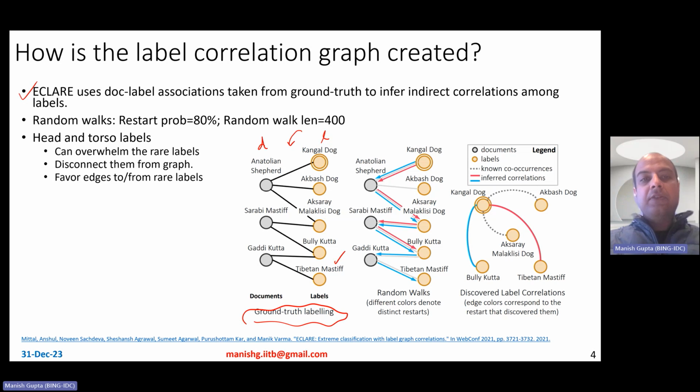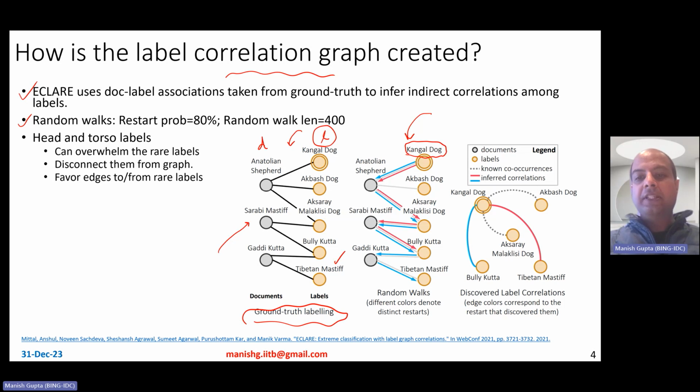Now, the way the label correlation graph is learned in ECLARE is using random walks. If you do not know random walks, just search for a primer, but it's actually pretty simple. You take this graph, start from every label node, and for every label node you do several random walks. Here we show the random walks starting from this node, Kangal dog.